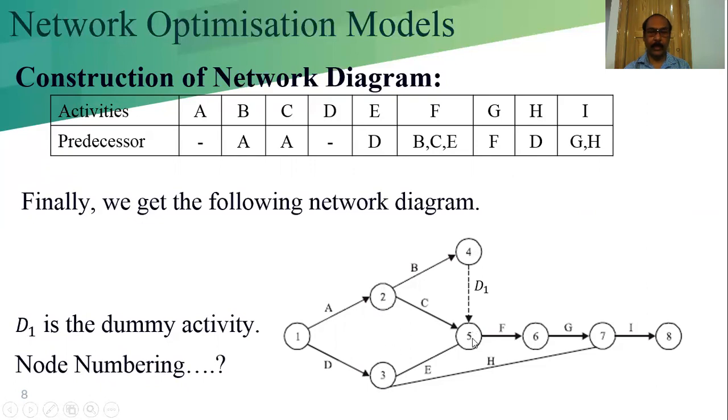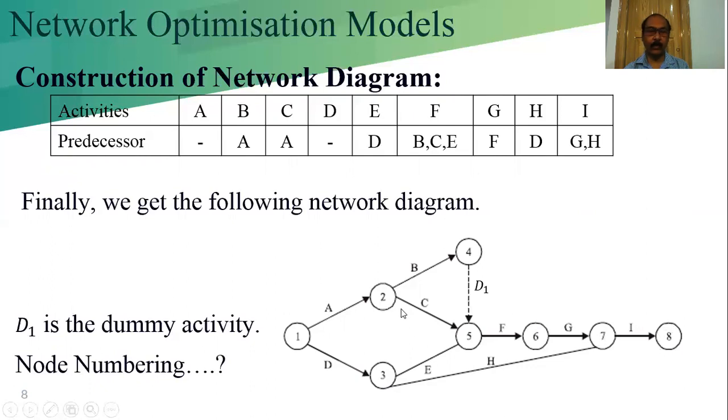This will be 4, and these 3 numbers are the predecessors of this node. So this should be the next number after these 3. This is 5. After that, this is 6, and this is the successor of 6 and 3. This is 7 and 8.